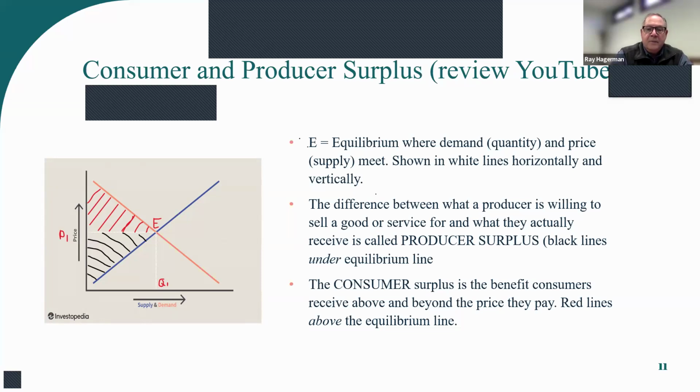However, the producer is willing to produce at the white lines. Okay. So the producer is willing to produce at that particular price. However, you can see that the supply curve goes up, which means that the producer is willing to supply a certain quantity of that product along that axis.